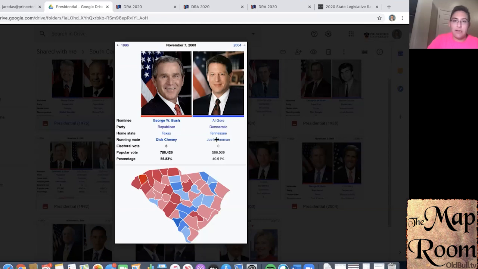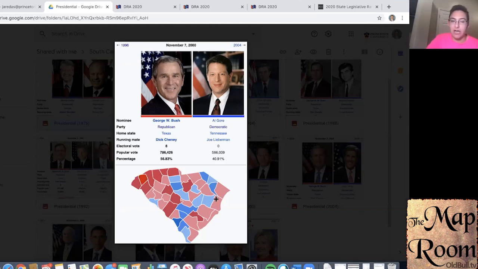But again, he really did hit a ceiling because George W. Bush actually increased his margins in the northwestern, very urban, very populous region of the state with Greenville, Spartanburg, and even some of the college areas such as with Clemson. He also held his own in the Charleston metro area, in the Low Country of South Carolina. And this region at this point in time was solidly Republican on almost every echelon of government, including House representation.